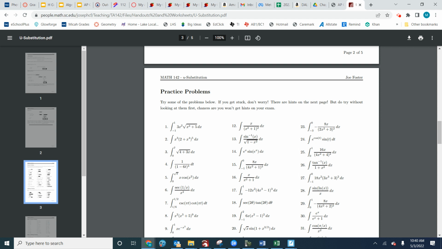It's just going to be the integral of sine of u du. What's the antiderivative of sine of u? Careful. Negative cosine of u plus c. Plug u back in. Negative cosine of ln x plus c would be the answer. Okay?